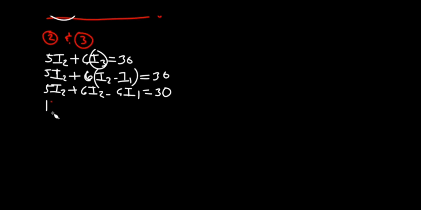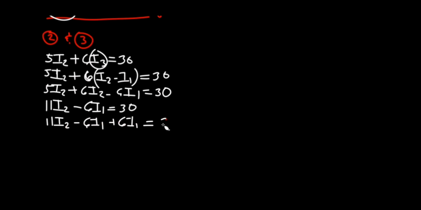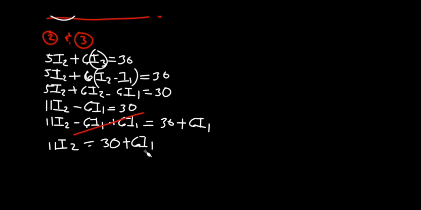Adding similar terms, so 5 plus 6 will be 11I2, minus 6I1 equals 30. Adding both sides with positive 6I1. So here it will be cancelled out. 11I2 equals 30 plus 6I1. Dividing both sides by 11. I2 is equal to 30 plus 6I1 all over 11.